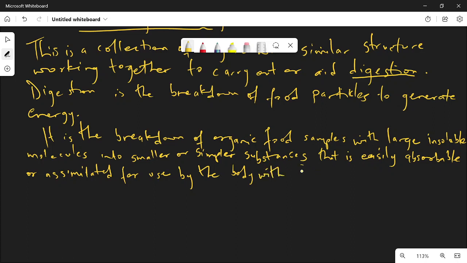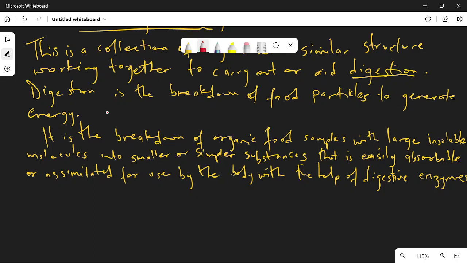With the help of digestive enzymes. So this is what digestion is about. I said it is the breakdown of organic food samples with large insoluble molecules into smaller or simpler substances that is easily absorbable or assimilated for use by the body with the help of digestive enzymes.